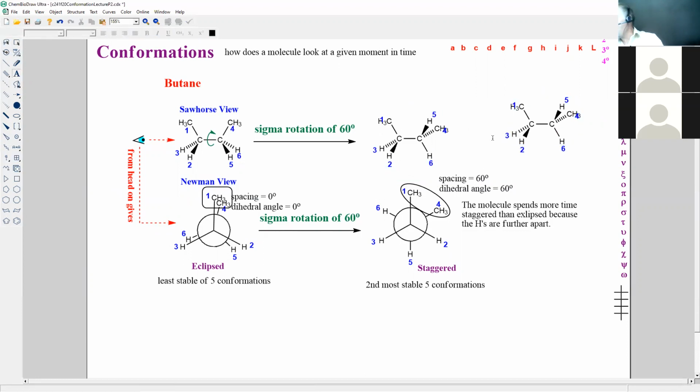And let's see what happens. Negative 60 degrees. So instead of rotating the methyl from here to that position, and the methyl would be on, oh, this is going to be harder than I thought. Methyl's always the 4.